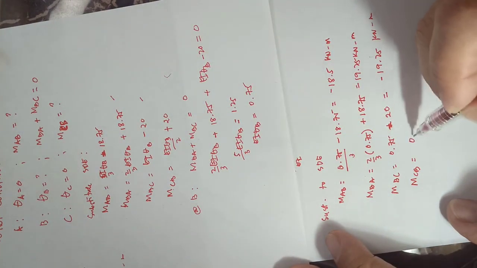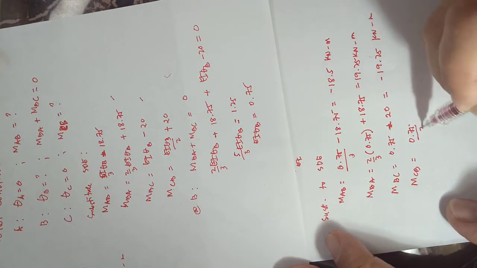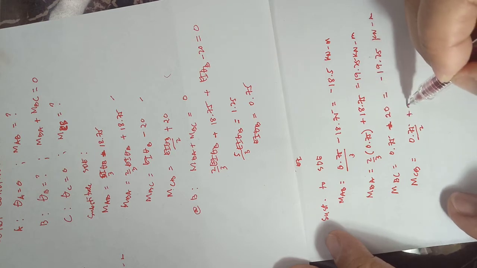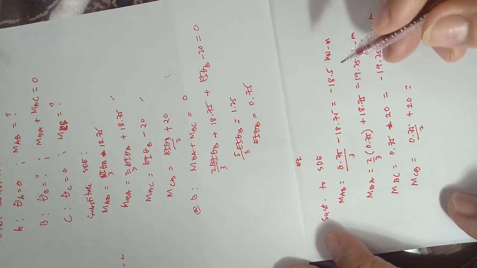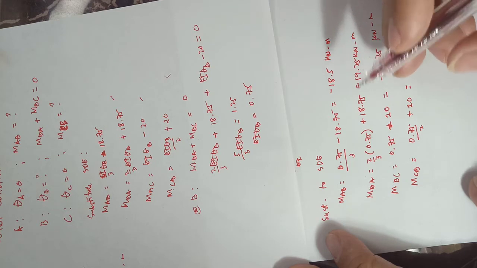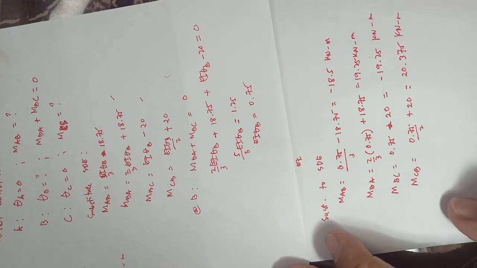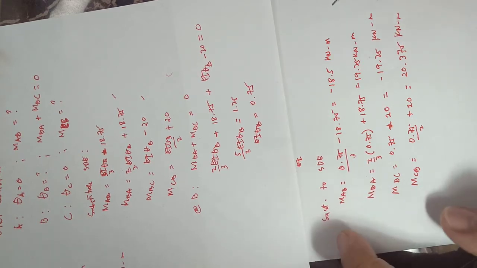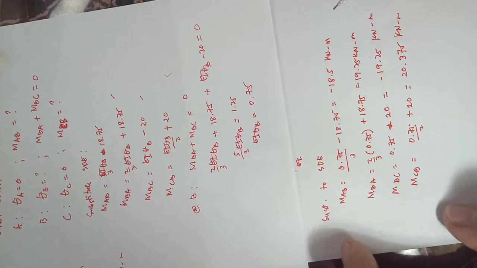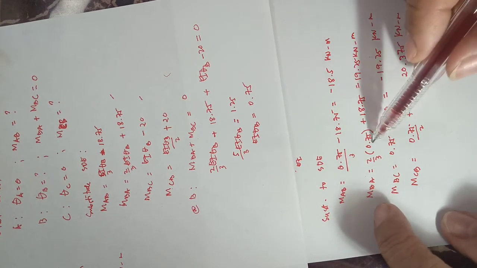So that would be 0.75 over 2, and then plus 20, equal to 20.375 kilonewton meter.